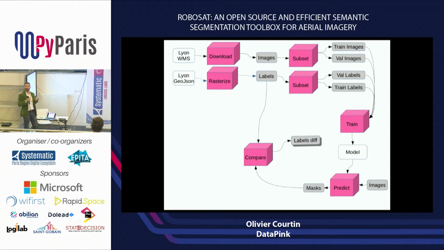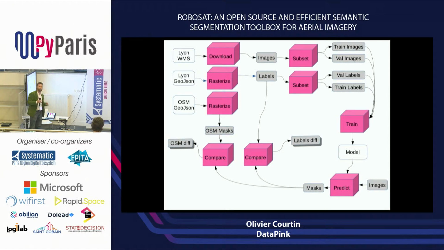But the point is not only to check our model between our imagery and the label. You could also use some other feature, rasterize them, and compare.